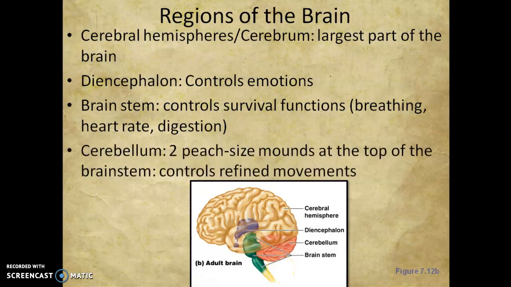And then the last part here, and not so little, is the cerebellum. The cerebellum is in the back of your head, right where the base of your skull is, where your head and your neck connect. That's pretty much right where your cerebellum is. There are these 2 peach-sized mounds at the top of the brainstem. You can see them right here.